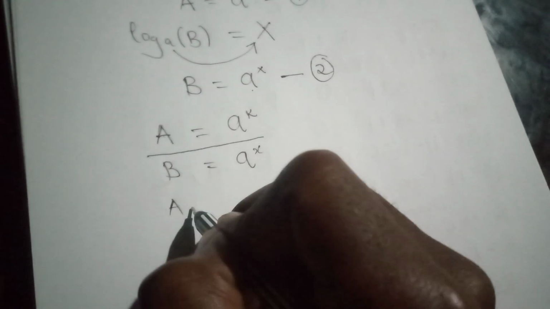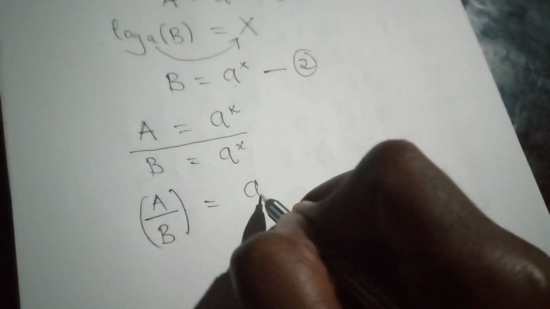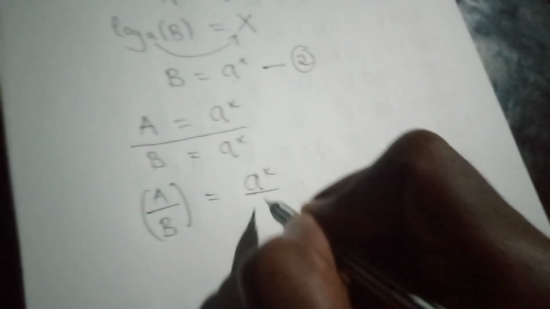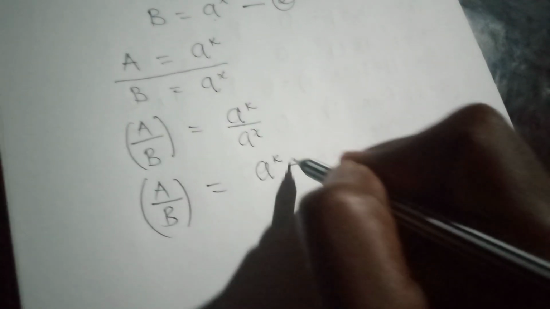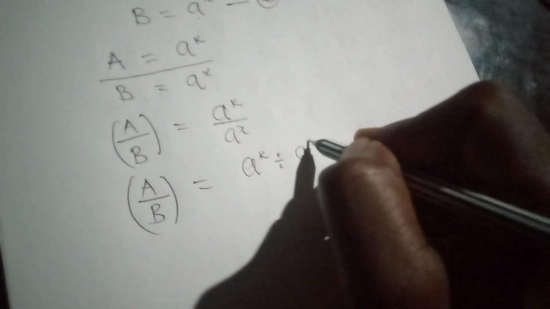Here when you divide a by b, that is a to the k divided by a to the x.